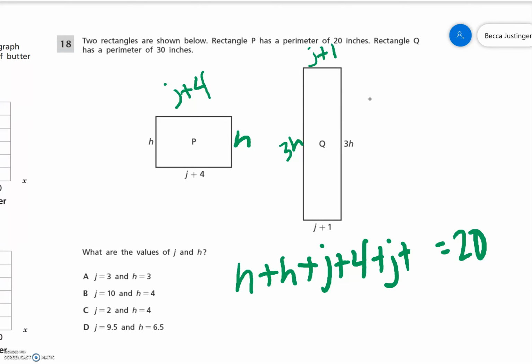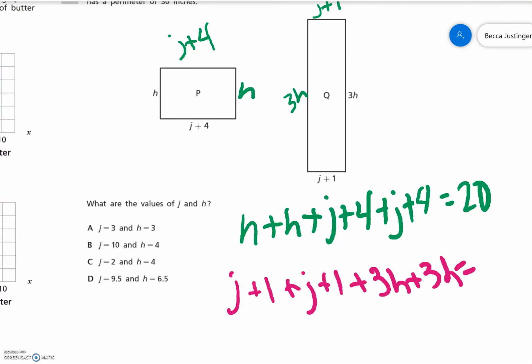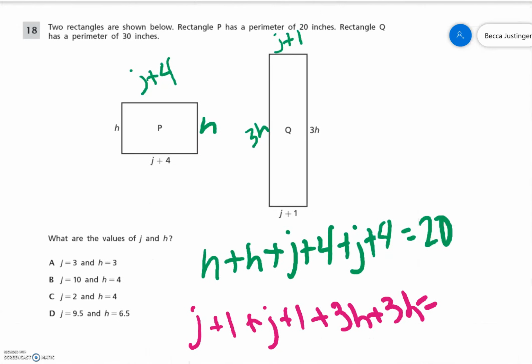Should be an H there. Oh my goodness. And then with the other rectangle, we have J plus 1 plus J plus 1 plus 3H plus 3H, and that equals 30 inches.